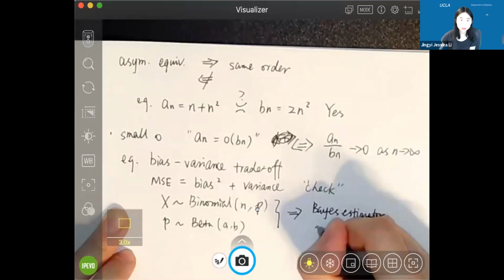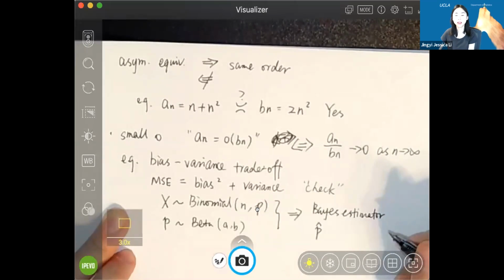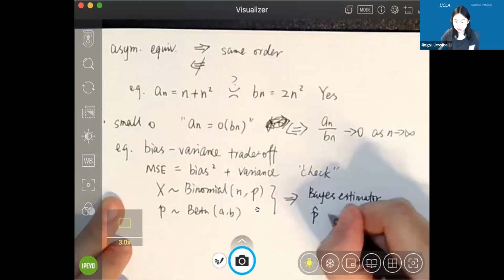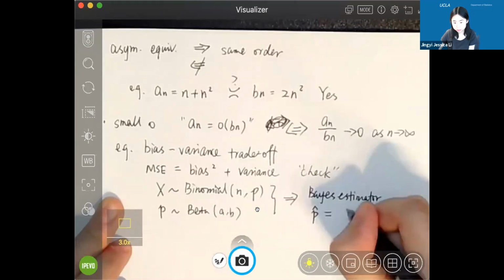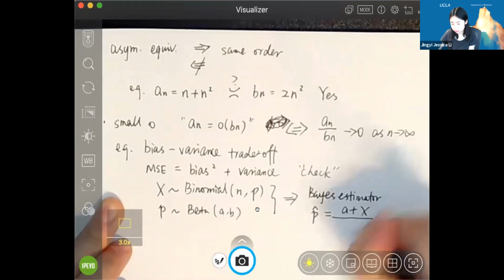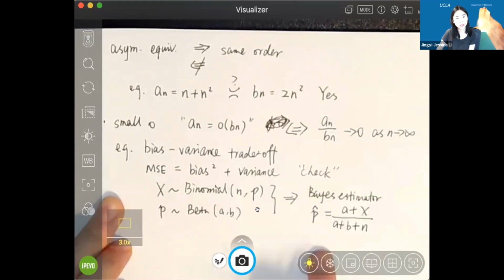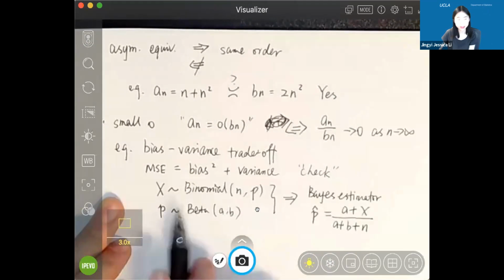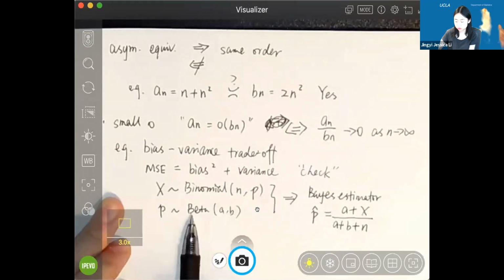The notation is a little different from the lecture notes, but P hat is what we use more often. It has the formula A plus X divided by A plus B plus N. In other words, a Bayes estimator is a combination of the prior and the MLE. The MLE here is X divided by N, and we have some information from the prior.